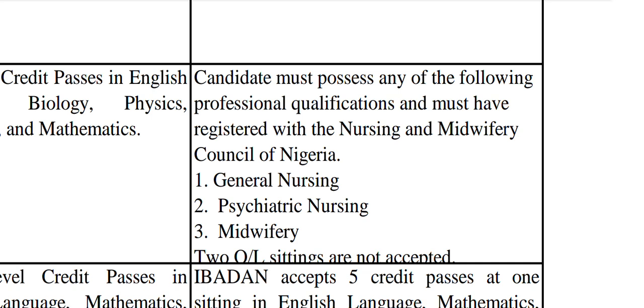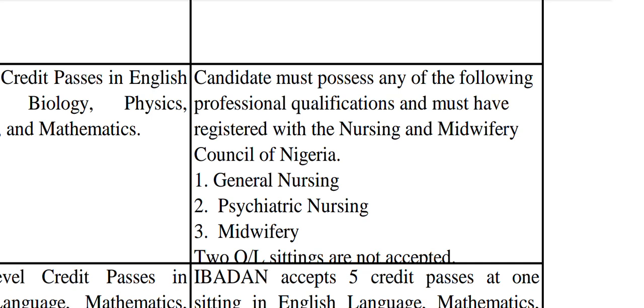Either you have studied at a school of nursing and you have ND in nursing, and you are already a registered nurse or midwife, or you went to a school of nursing and you are already a licensed and registered nurse.